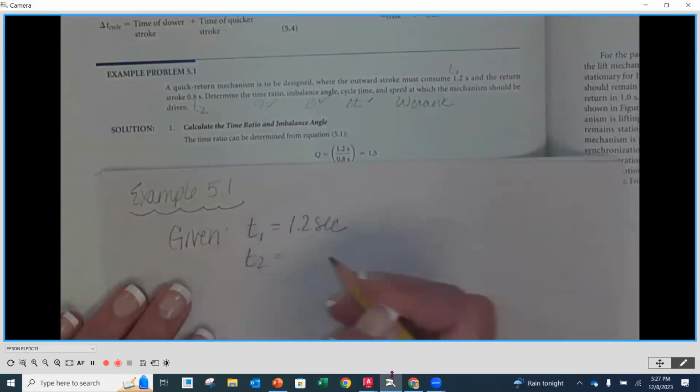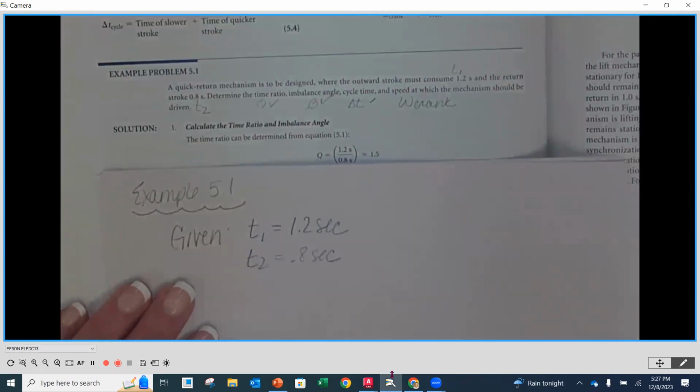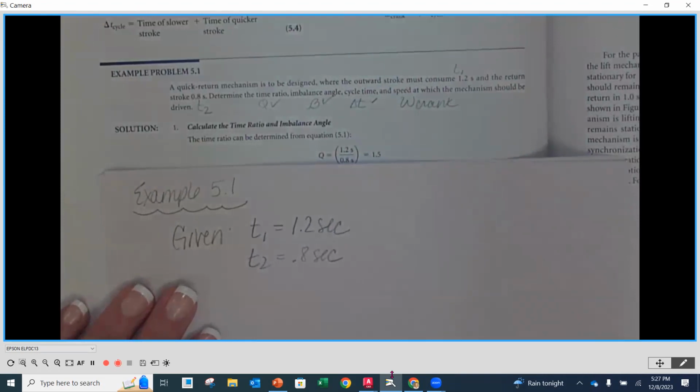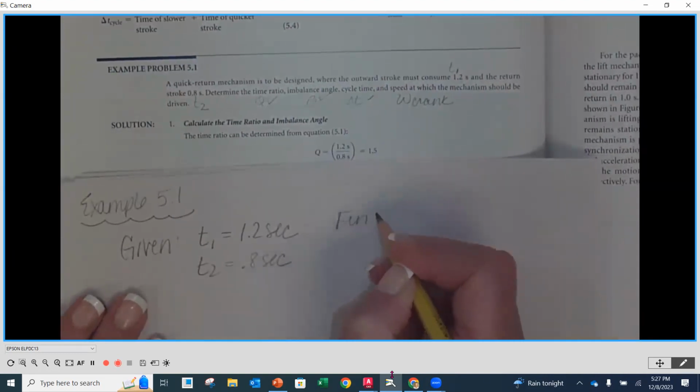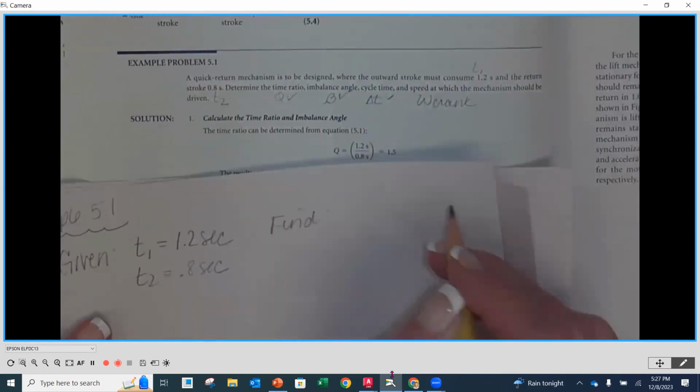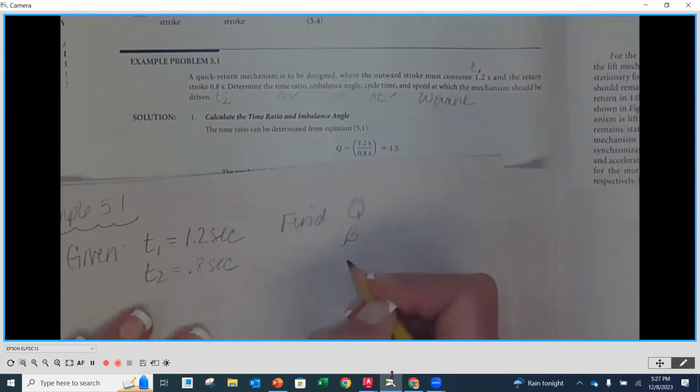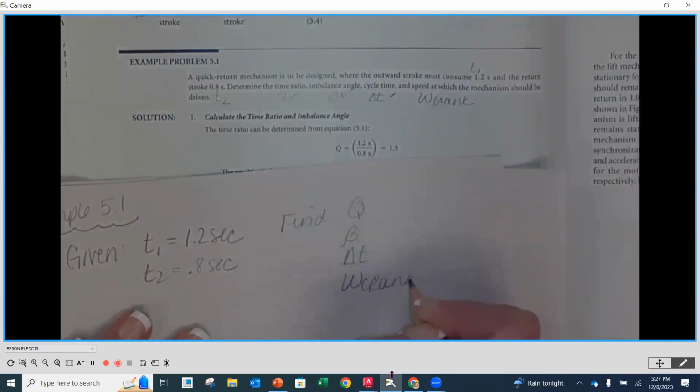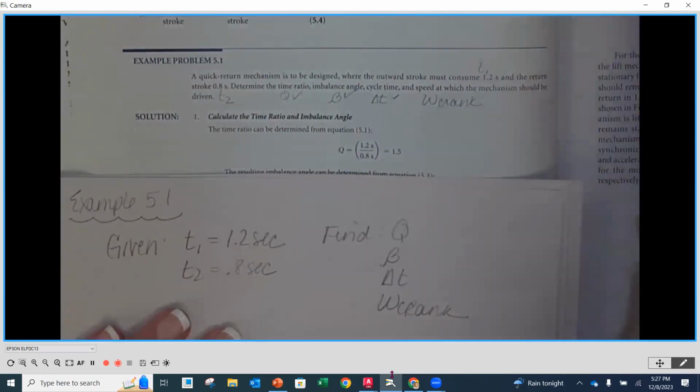We know T2, which is that quick return, is 0.8 seconds. And I think that's it. That's all they gave us, right? So we've got to calculate those other items. So we need to find Q, beta, change in T, and W of our crank, or angular velocity of our crank.